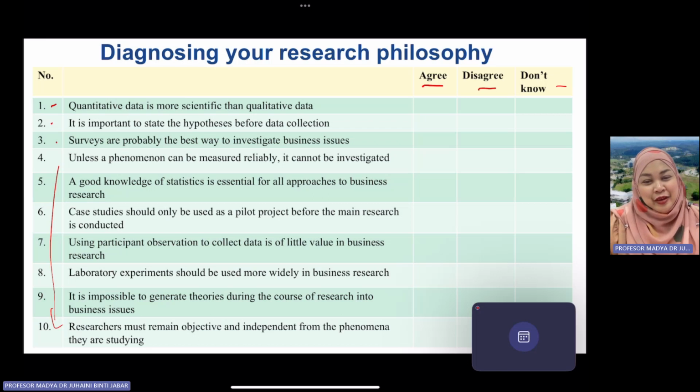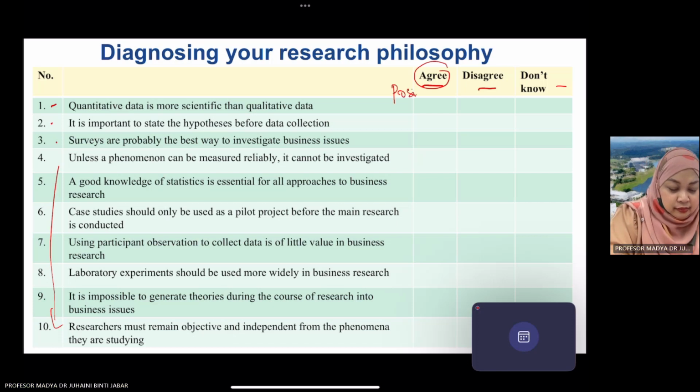Okay, so I assume that you have answered all of the statements that are given. For your information, this is taken from the internet, and it is actually more biased towards the quantitative research method. So if you have a majority of agrees, then your research philosophy will be positivism.